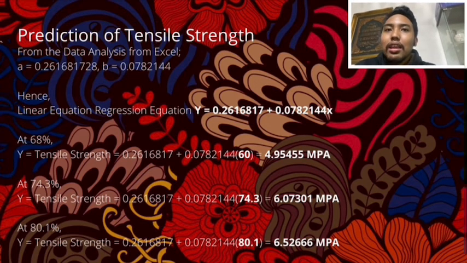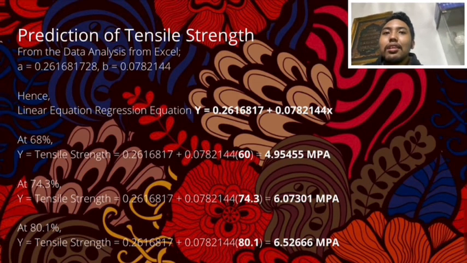Hence, the linear regression equation of y equals to 0.2616817 plus 0.0782144x.